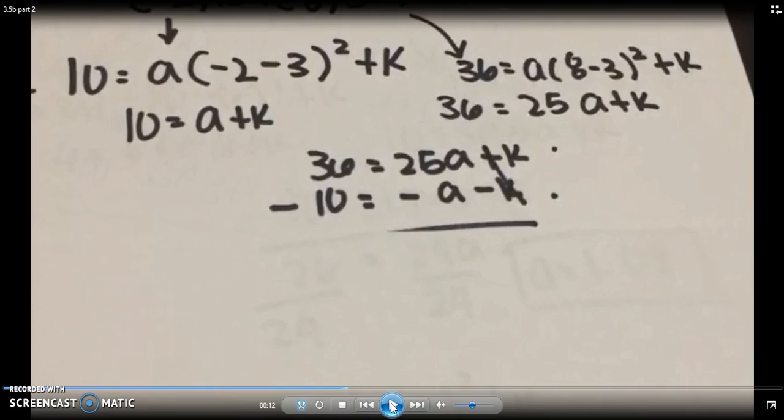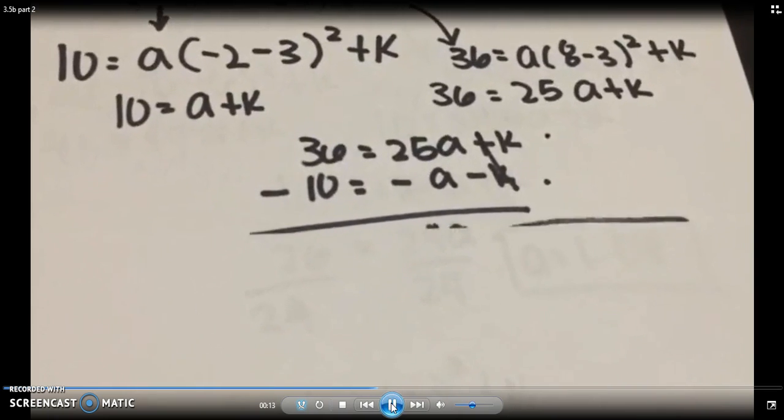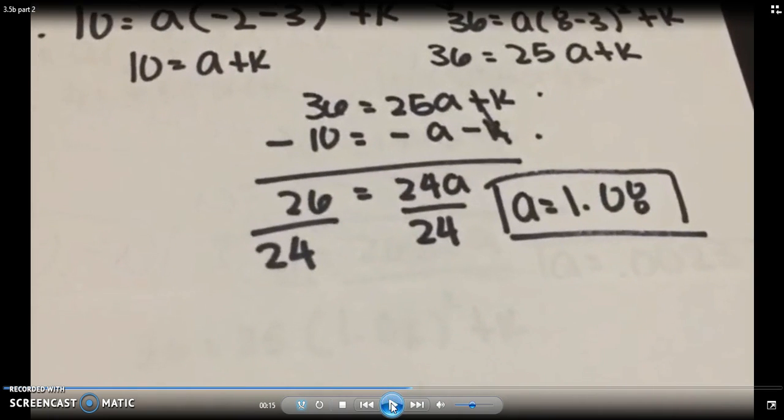So 36 equals 25a plus k, minus 10 equals negative 25a minus k. So the k's would cancel each other out, and I would be left with 26 equals 24a, and in order to isolate my a, I need to divide by 24 on both sides of the equation. So 26 divided by 24 is 1.08.